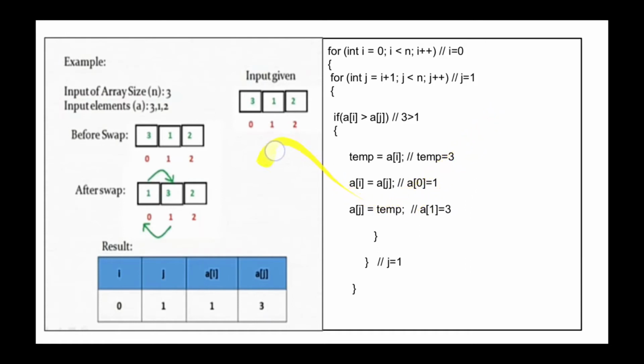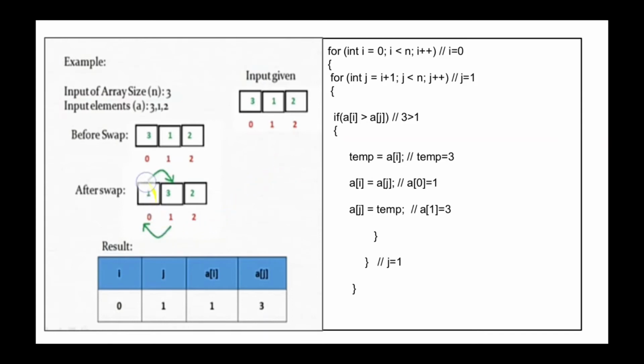Then check the 1st location element is 1, and element 1 is stored in the a of i variable. Okay. Then go to the next condition. a of j is equal to temporary. The temporary element is 3. The element 3 is stored in a of j, a of 1, the first location.